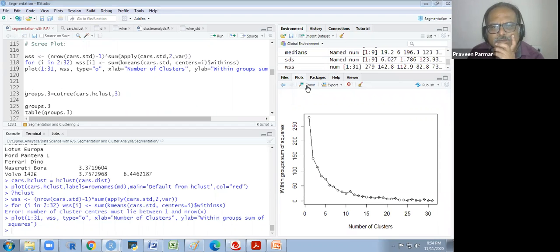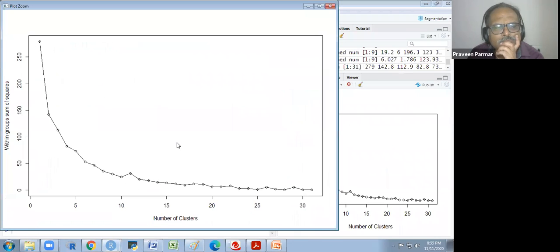Still, I am getting the same thing. It is increasing. It may be because we have taken some discrete variables. Okay, it may be due to that also. I think so.